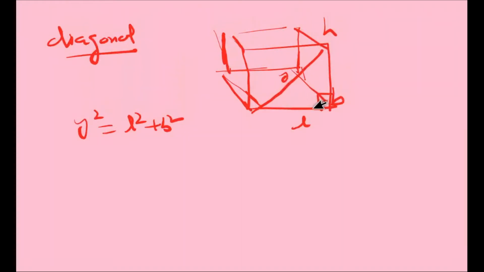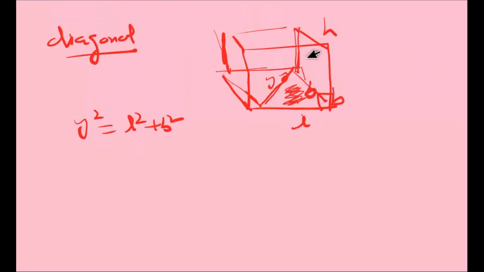Now you can see here, this one is L, this one is B, then this one is your y, in the floor, and you are finding this rectangle y square equal to L square plus B square.